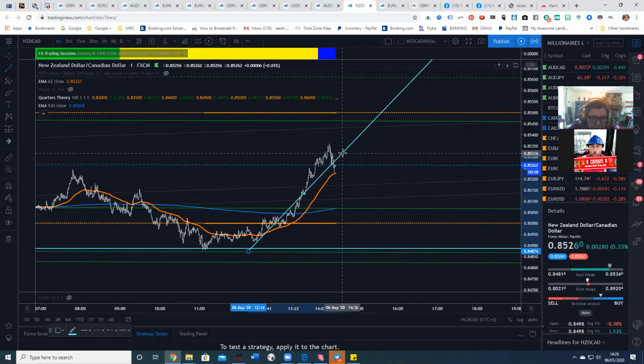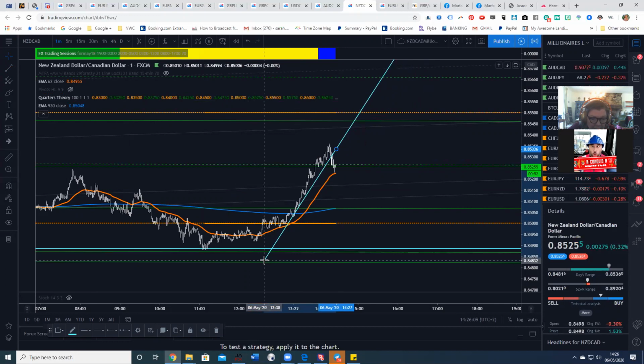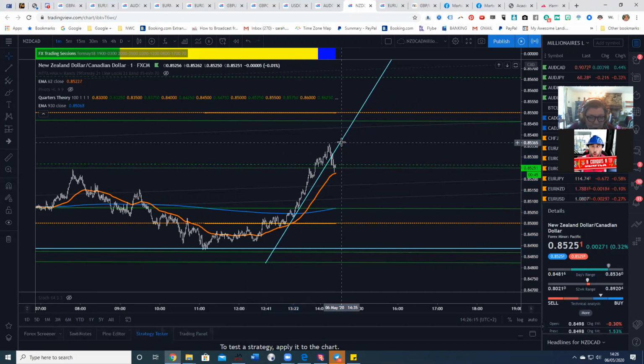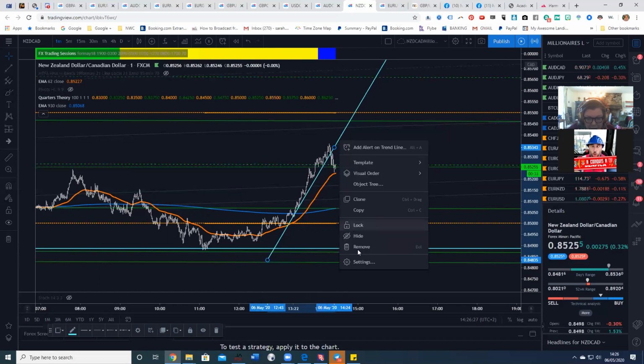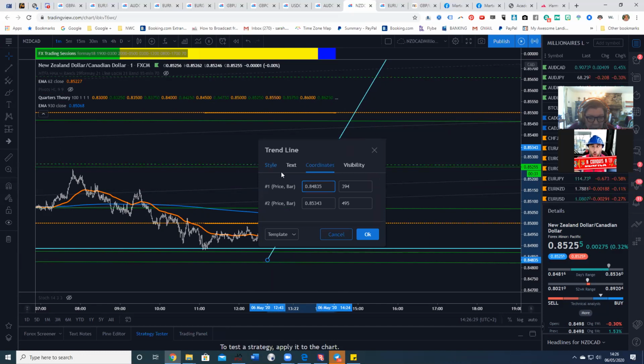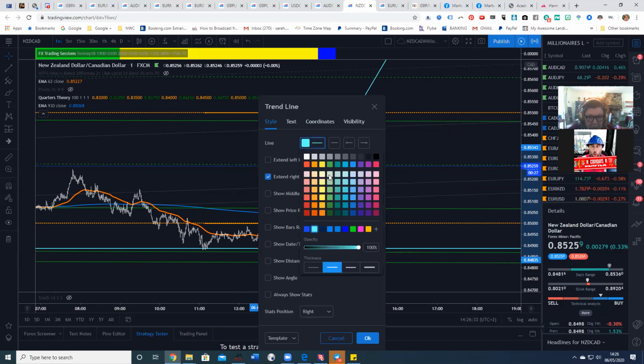So that looks like it's breaking the upper trend and coming back down, because that's a break and a retest. Here, break and a retest of the 1 minute trend, which is one of our confirmations. And I'll just change that to green, which is how I like to do my trend lines.